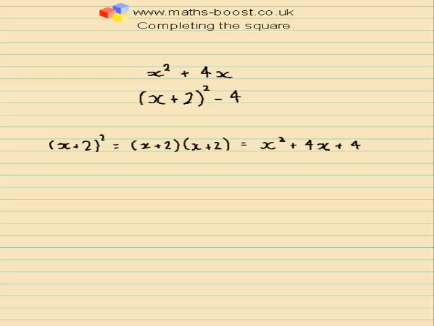We'll have a look at one more example, just so you get the idea. So we'll have, say, x squared plus 6x, and step 1 is straightforward, so we'll start off our brackets and then look at the number in front of the x term, which is plus 6, so we'll halve that, so half of plus 6 is plus 3, and finish off our brackets.